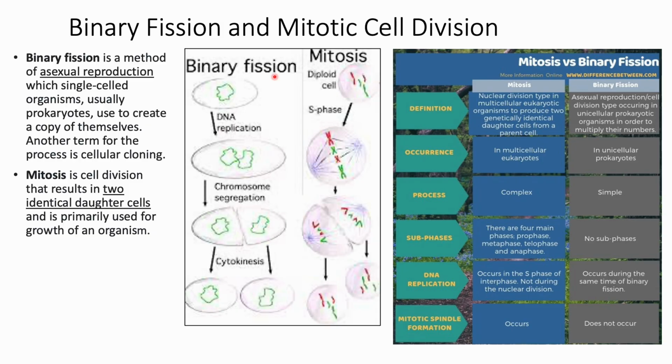Your prokaryotes go through binary fission. They reproduce by dividing in half, splitting. And then all of our eukaryotes are going to go through mitosis, which involves part of the cell cycle where we have prophase, metaphase, anaphase, and telophase.